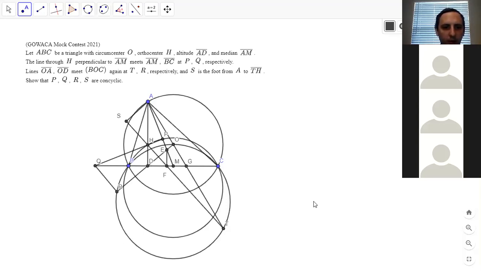So I feel like we're pretty close with that. Maybe we could project through H onto, maybe not. Seems like projecting through T is maybe the most natural.